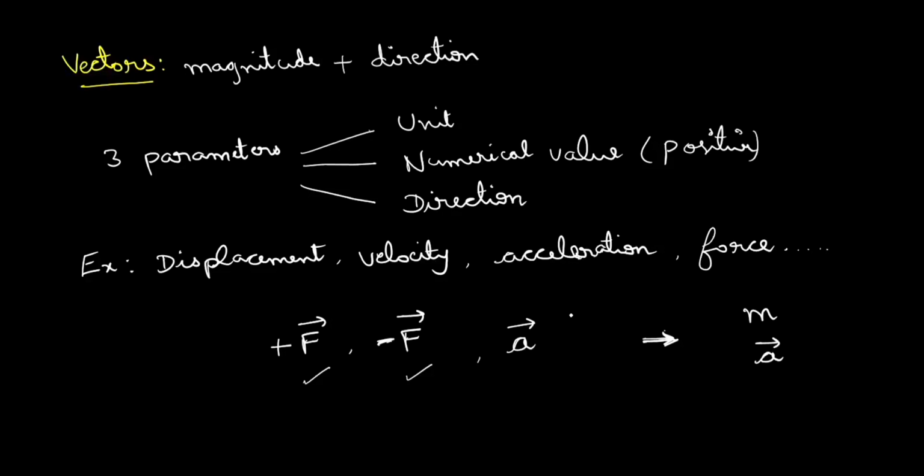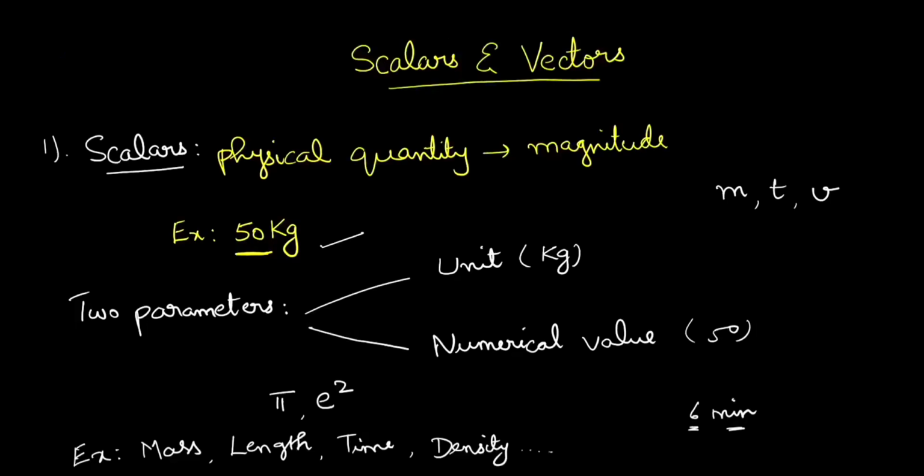Today we have discussed scalars and vectors. Scalar means a physical quantity which has only magnitude, and it has two parameters, unit and numerical value. Some examples of scalars are mass, length, time and density.